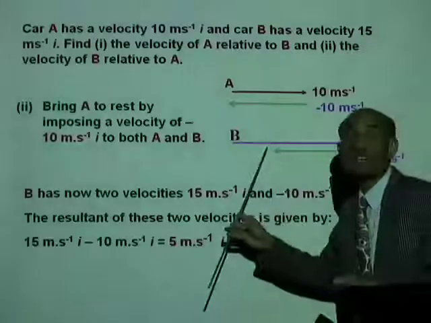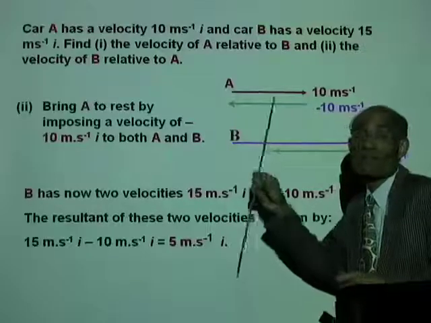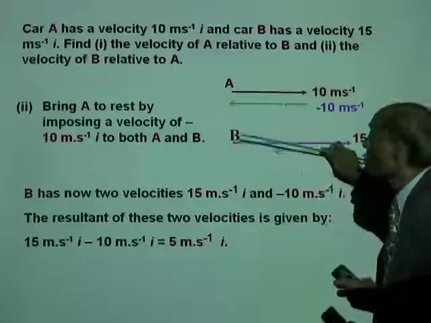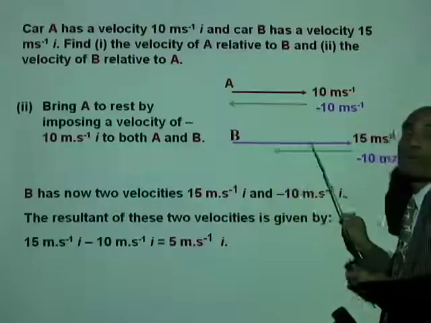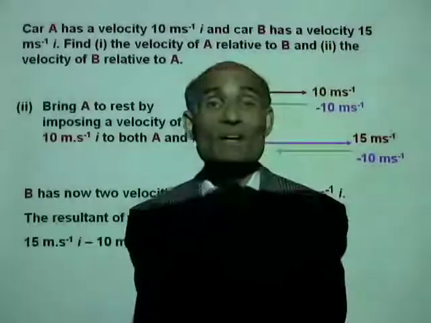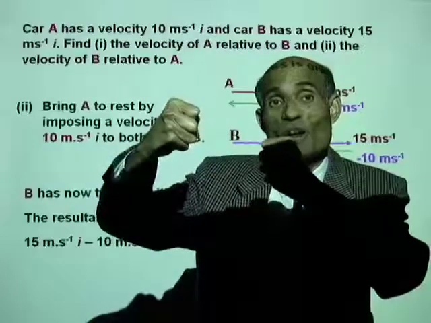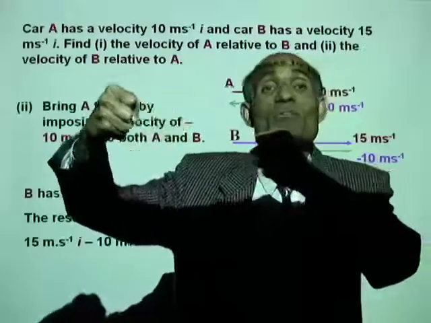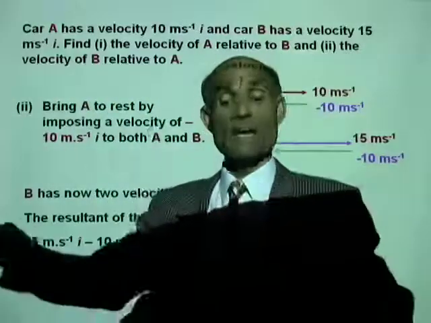So when you measure the velocity of B from car A, car B will appear to go in the positive x direction at 5 meters per second. In other words, what it means is that for the overtaking car, the passing car, the distance between the two cars will increase at the rate of 5 meters per second every second. 5 meters every second.